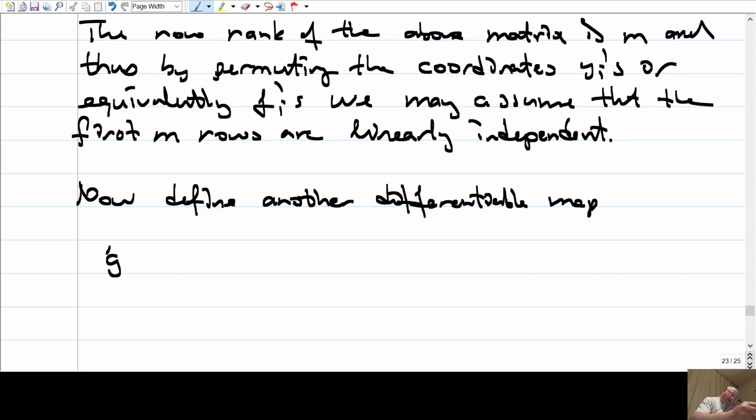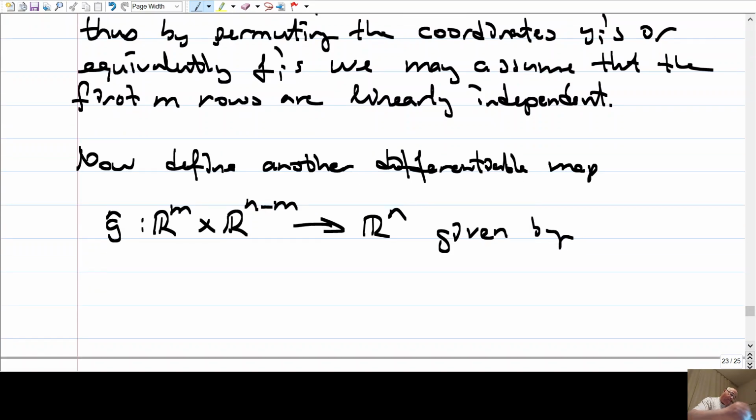Let's say ĝ from R^m cross R^(n-m). So I add some extra coordinates here, so that the total number of coordinates is equal to the dimension of the domain, n, and it goes to R^n, given by this formula: ĝ of x1 up to xm, and then I add some new variables, xm+1 up to xn, and the function is as follows.